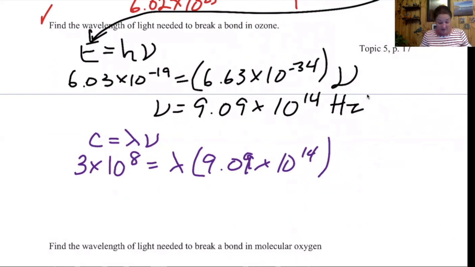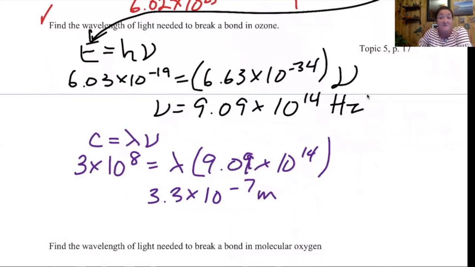So I'm going to take 3 times 10 to the 8th and divide by my answer to the last part of the problem. And I get 3.3 times 10 to the negative 7th meters, converting that from meters to nanometers.